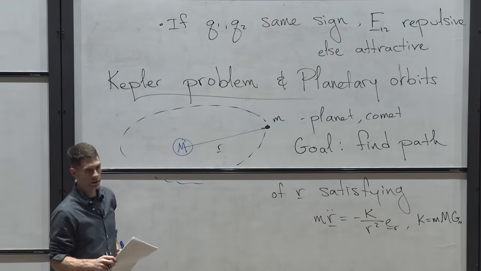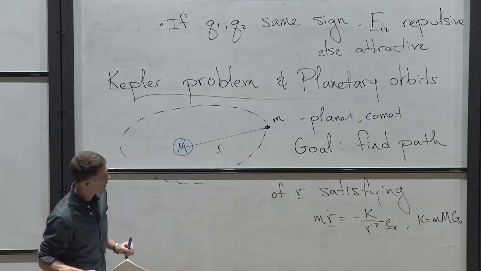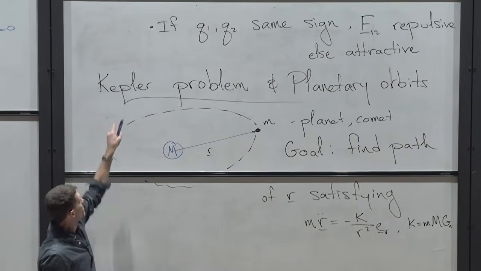So we're going to fix that one as our origin and just focus on the motion of that one. It's called the Kepler problem.